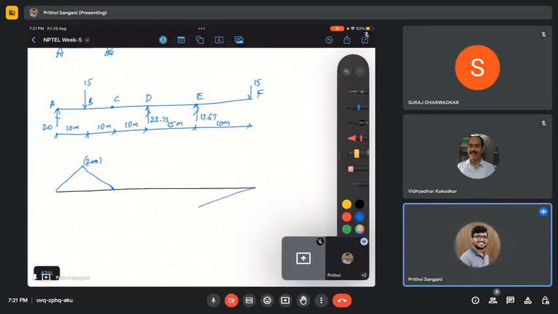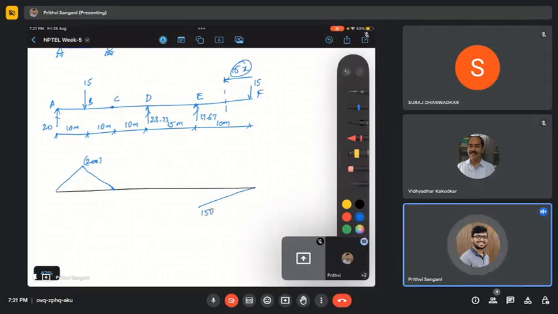This is linear. I think you know why this is linear, right? Anywhere here the moment is 15 times x, so that is a linear equation. So this is 150, and this is hogging again.